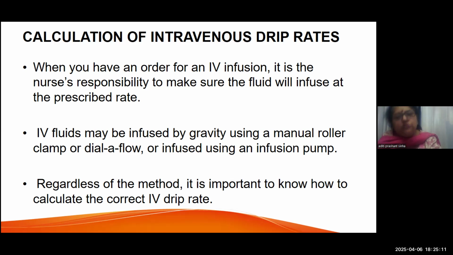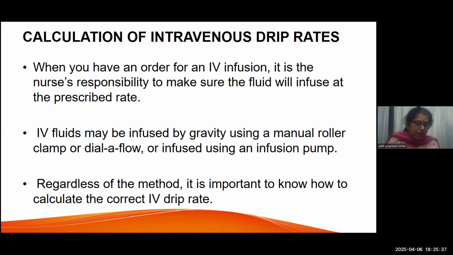We have two ways of giving an IV fluid. Either you infuse it with the help of gravity, dial a flow, or you put it into the infusion pump, and the infusion pump will deliver the accurate fluid volume to the patient's body at the required rate. So regardless of the method, it's important to know how to calculate the correct IV drip rate, which is very important.